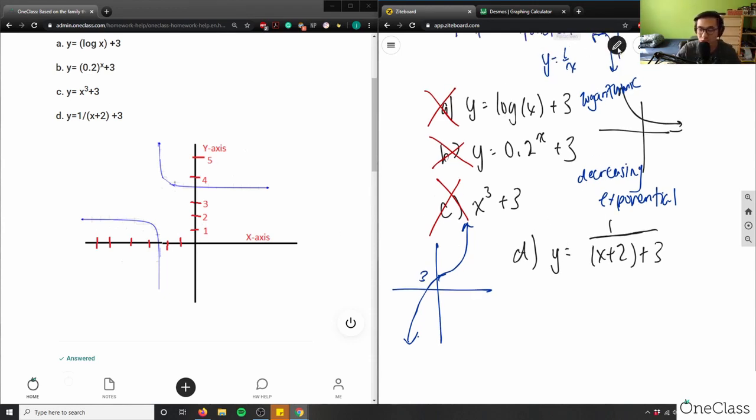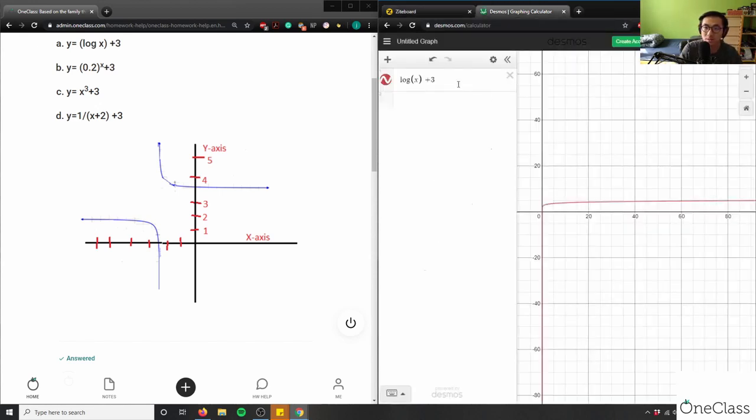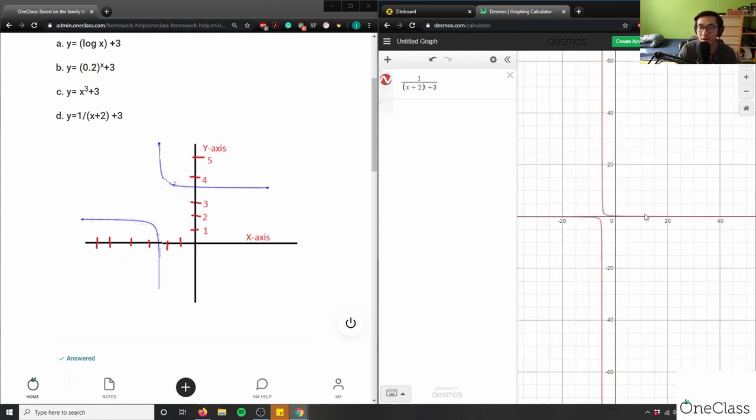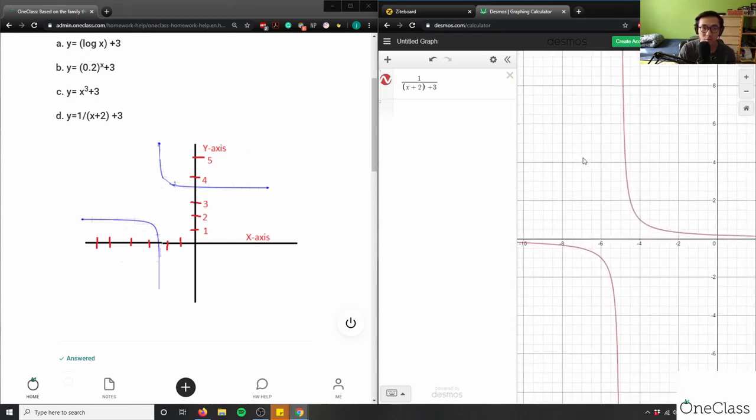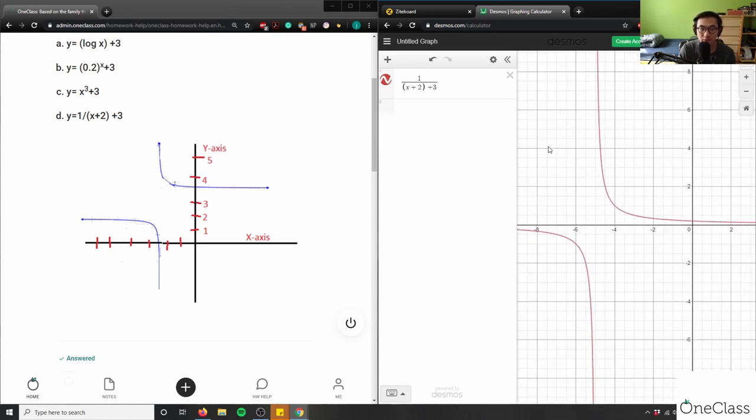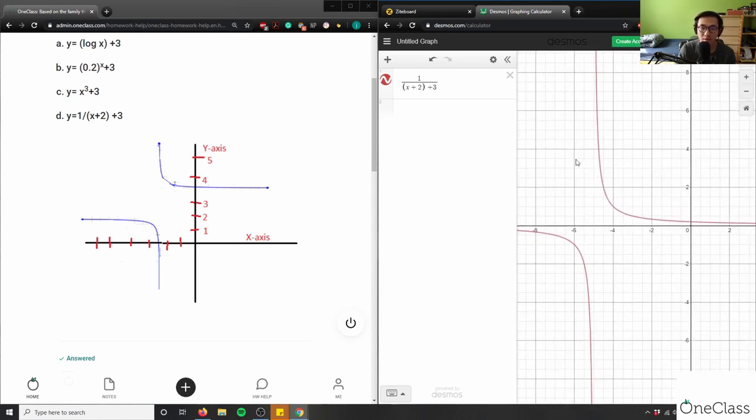Then I can actually check this graph on Desmos. So let's check y equals 1 over x plus 2, plus 3. If you look at the function here, it actually does not match this graph at all. The graph here is actually wrong. I don't know who drew this graph, but it is wrong.